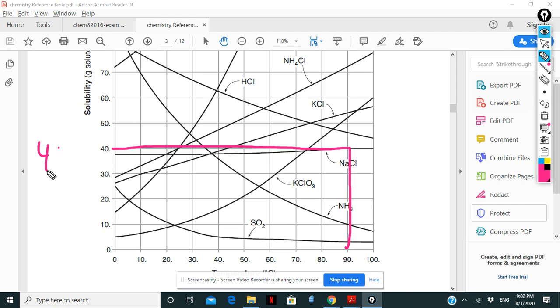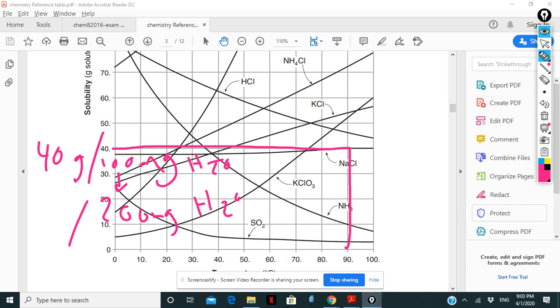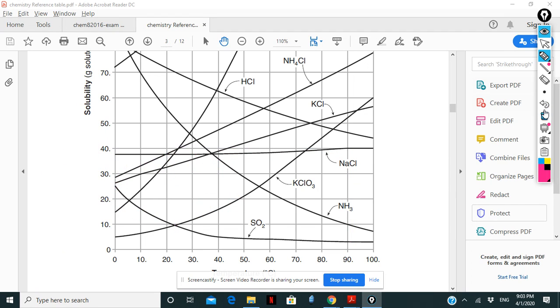That's 40 grams per 100 grams of water. But he's asking about 200 grams of water. So I'm multiplying by 2, so it's 80 grams. So it should be 80 grams.